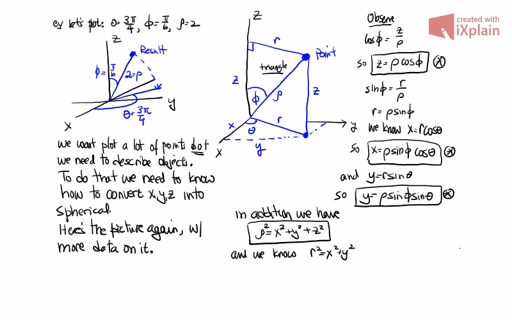And we know that r itself from back up here on the right is rho sine phi. So rho squared sine squared phi is x squared plus y squared, also useful. So these 5 things will be helpful when we convert objects from rectangular into spherical.